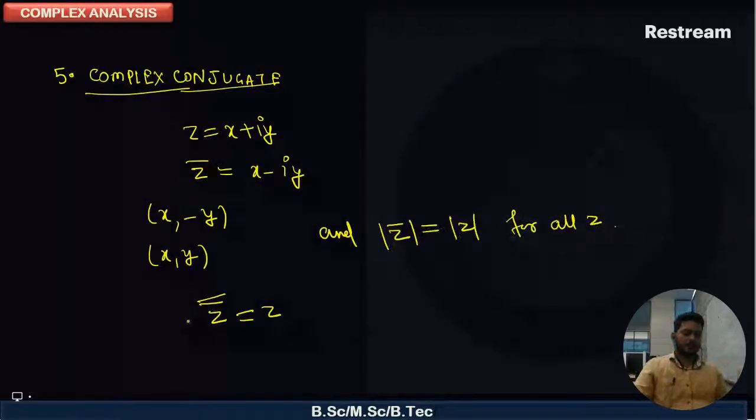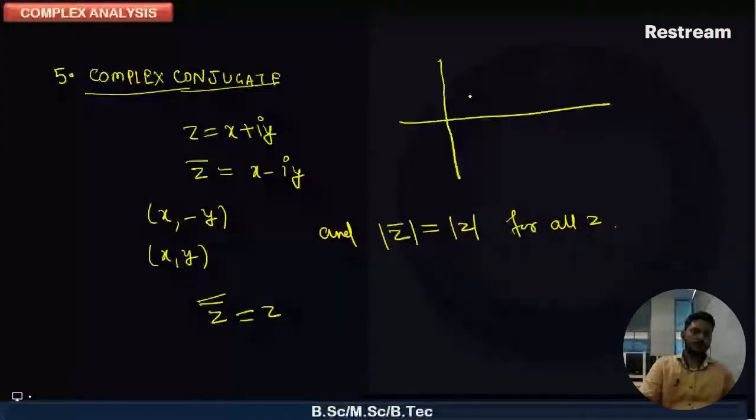so here I am going to draw one more figure which is used for the conjugates. Here I write z and its conjugate. Now join these two points.